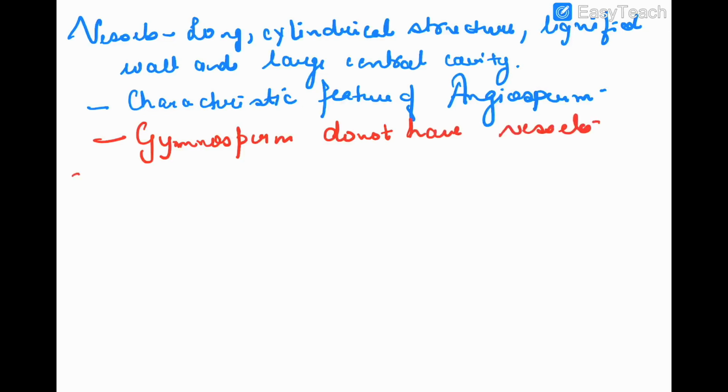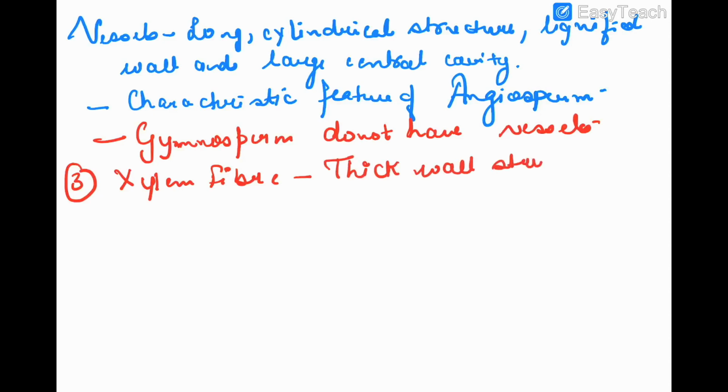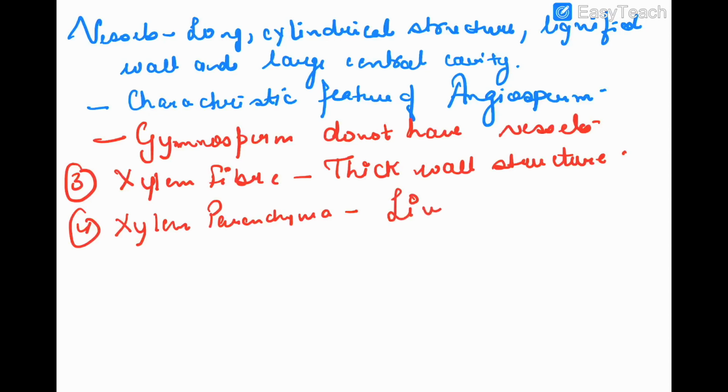Talking about the third element, that is xylem fiber. You can remember in xylem fiber that it has a thick wall structure. The last element is xylem parenchyma, which is the only living element of the xylem. It has a thin cell wall.